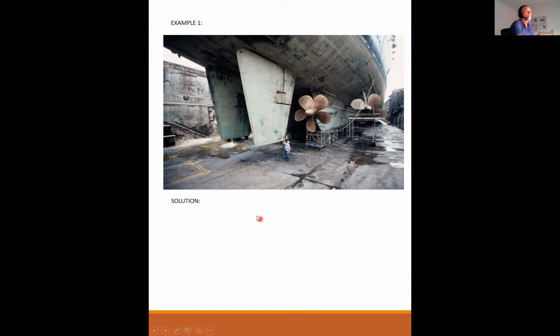All right, so solution. The power was distributed to 4 shafts. So the power per shaft is P equals 212,000 horsepower over 4, or 53,000 horsepower per propeller.